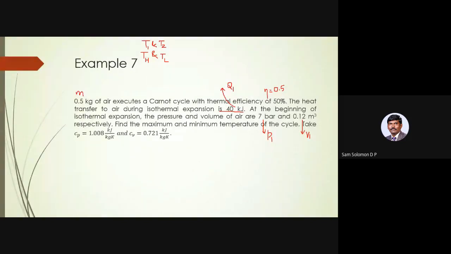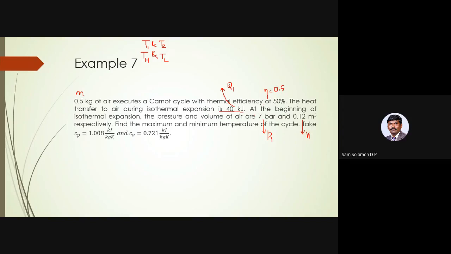They have given you mass, Q1, the efficiency, the pressure and the volume. But what they want is the temperature of the source and the temperature of the sink. Nothing is mentioned about the temperature. If at least one temperature is given, we can use the efficiency formula. Efficiency is work done divided by heat supplied.